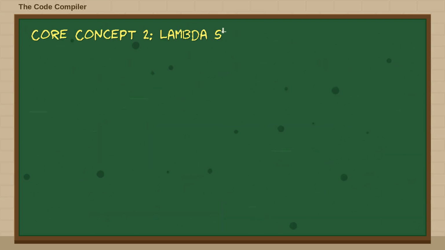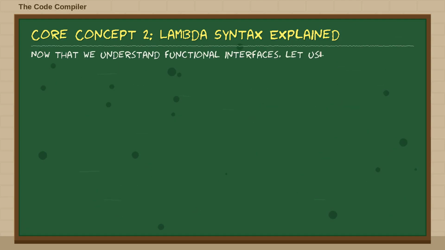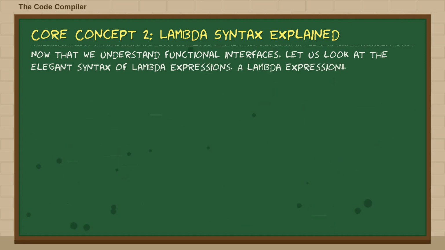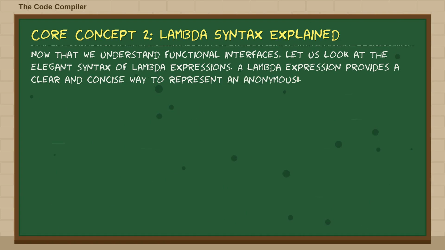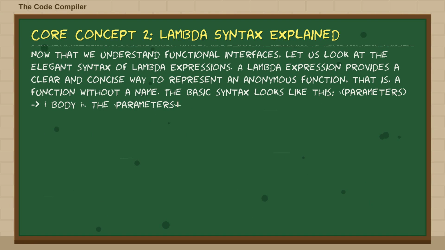Now that we understand functional interfaces, let us look at the elegant syntax of lambda expressions. A lambda expression provides a clear and concise way to represent an anonymous function, that is, a function without a name. The basic syntax looks like this: parameters -> body.